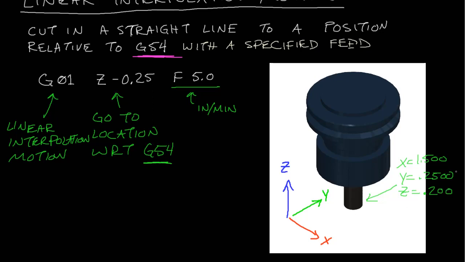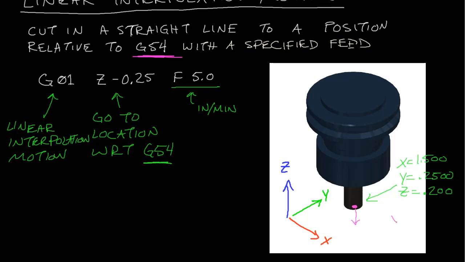So let's see what this code would do. This code would tell this tool to move to a Z position of negative 0.25. So it would actually tell the tip of the tool to go down to this point right here.